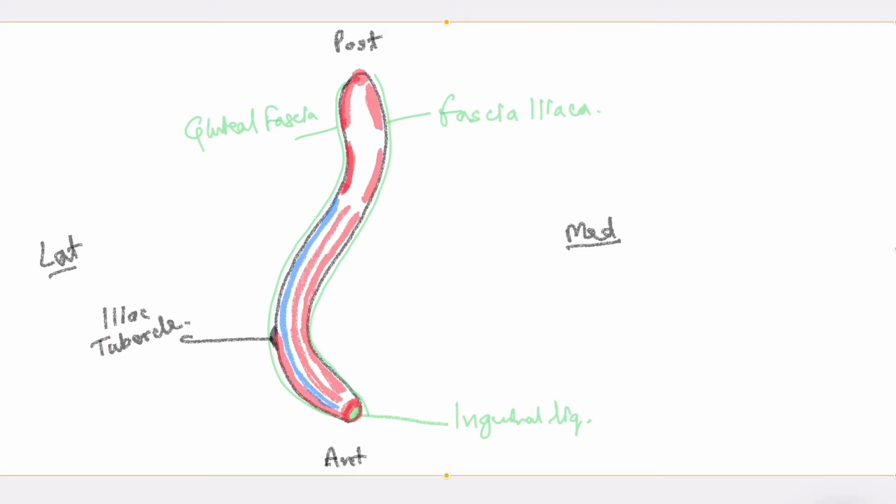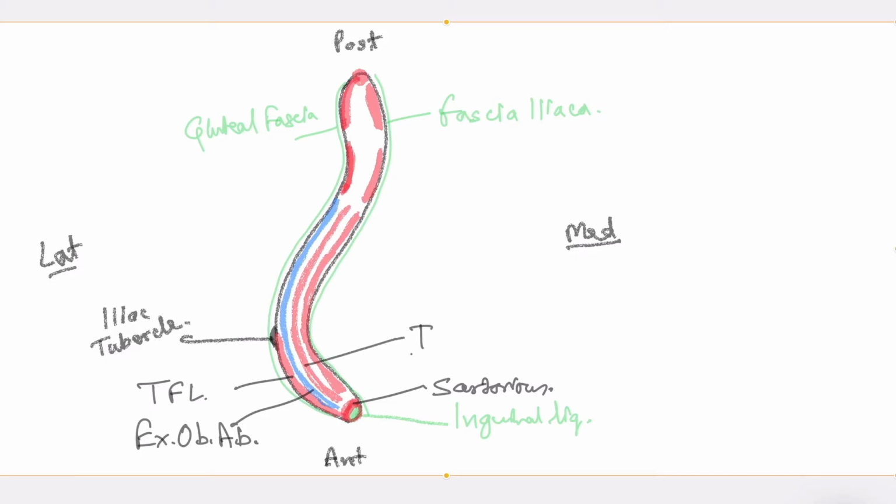this is erector spinae. For you to remember them, let me name them fast. This is tensor fasciae lati. This is sartorius. This blue color one is external oblique abdominis. The middle one is internal oblique abdominis. Innermost one is transversus abdominis.